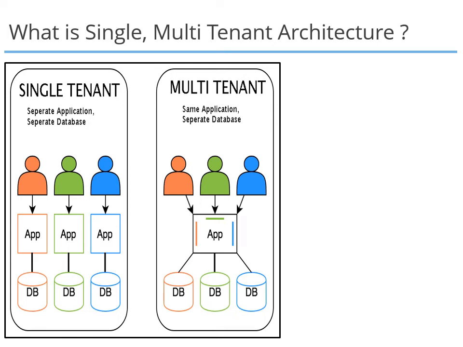In a single tenant architecture, the customer uses the software application and the database for his organization requirement. It is not shared with other customers. The software application and the database are either hosted from a service provider or it is in the customer premises.